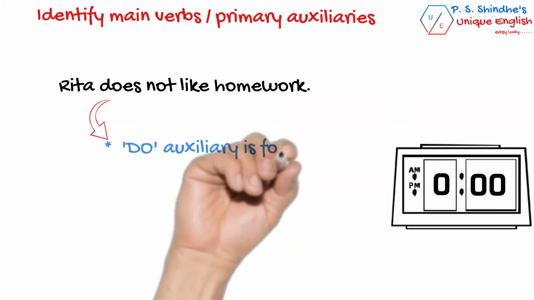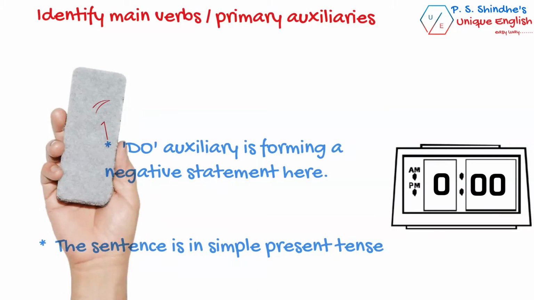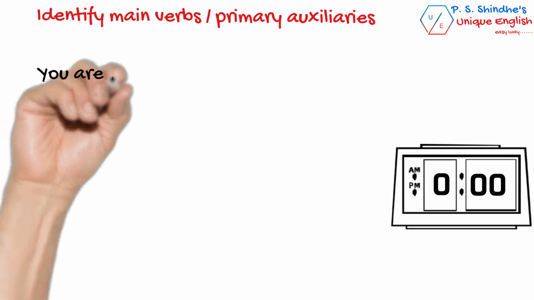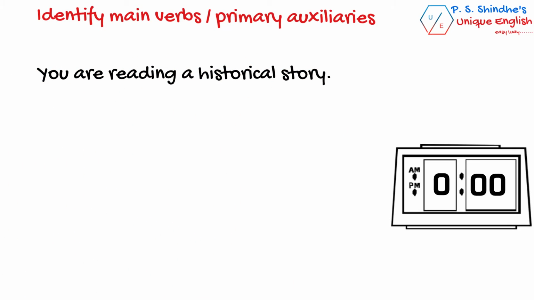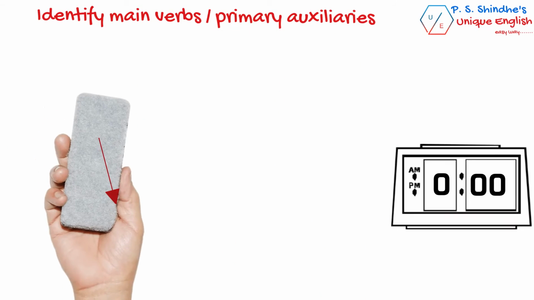You can see the use of do auxiliary forming this negative statement. The tense is simple present. You are reading a historical story. The be auxiliary shows the continuous tense.